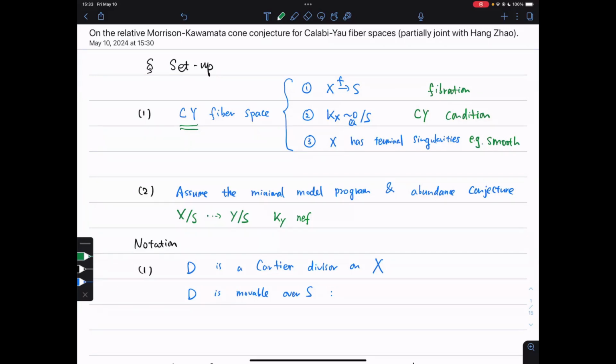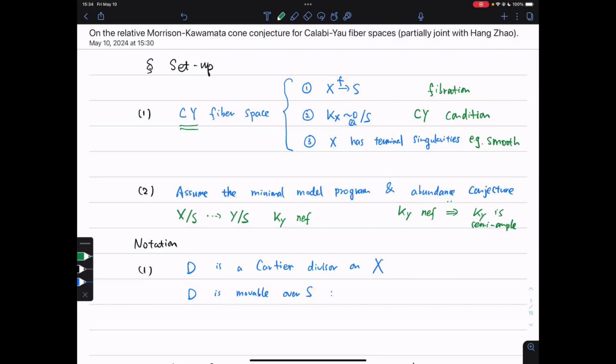This is the minimal model program I was using. Another part is the abundance conjecture. This basically means that if K_Y is nef, then K_Y is semi-ample. But if you are not familiar with these terminologies or results, that's okay, because they are used implicitly in the theorem, so it won't affect your understanding of the whole talk.